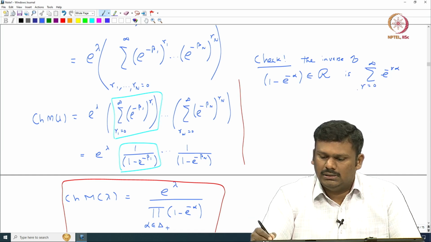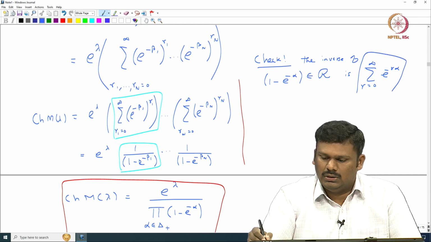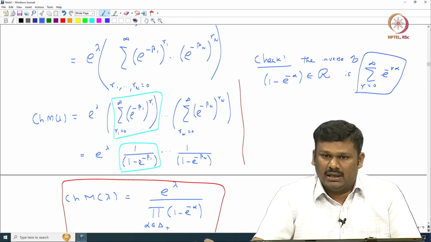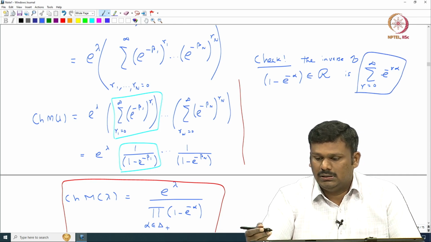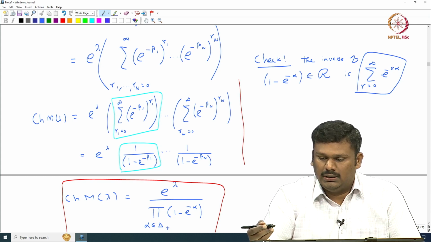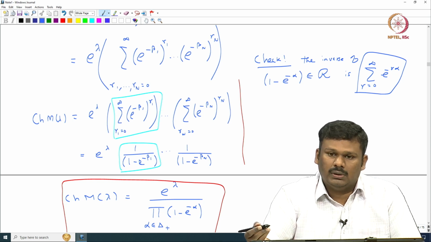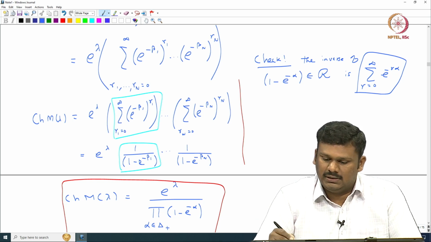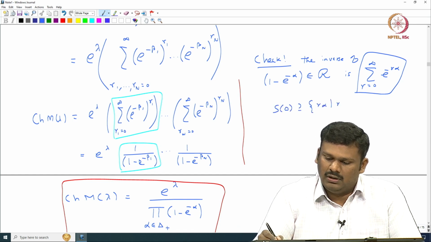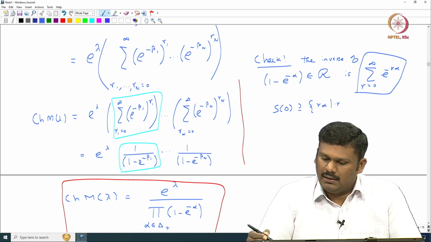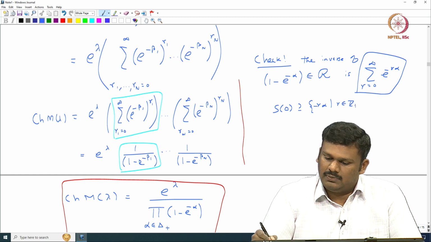Note that this is also there in our ring, because the support of this is bounded, inside S of 0. S of 0 contains all these minus r alpha, where r comes from Z plus.